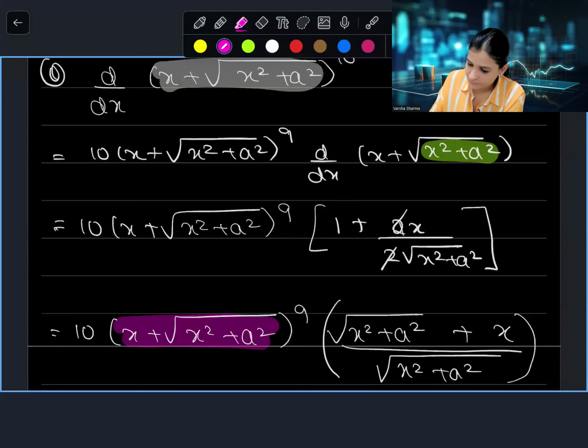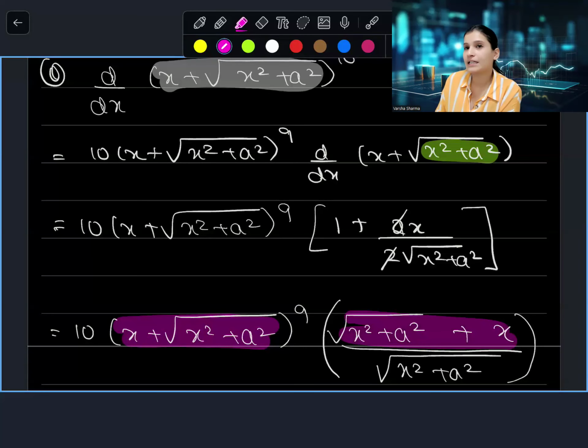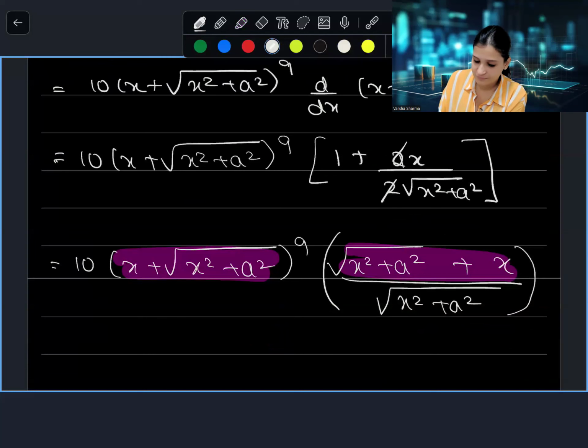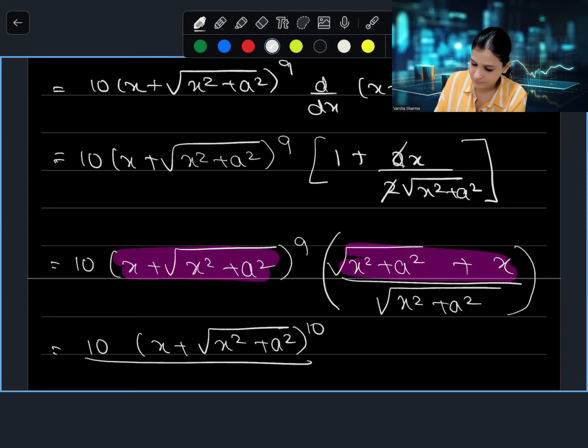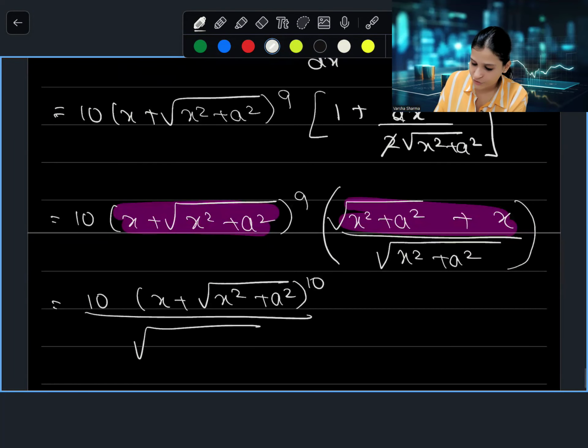Same base, multiply, power will be added. So here power 9, here power 1. So it will become again power 10. Online, understood? Yes, ma'am.